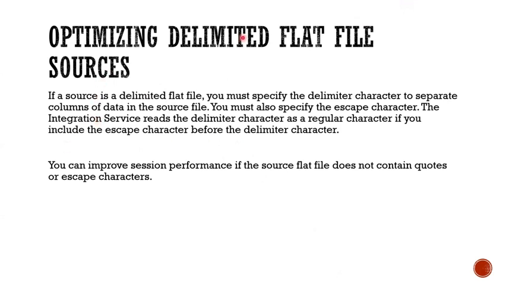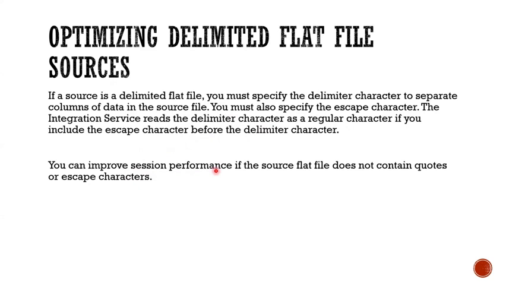Optimizing delimited flat files. If a source is a delimited flat file, you must specify the delimiter character to separate columns of data in the source file. You must also specify the escape character. I was explaining this property. The Integration Service reads the delimiter character as a regular expression character. If you include the escape character before the delimiter character, you can improve session performance.